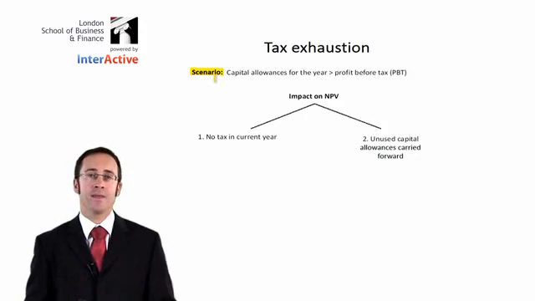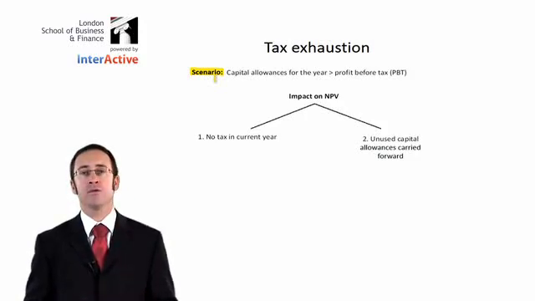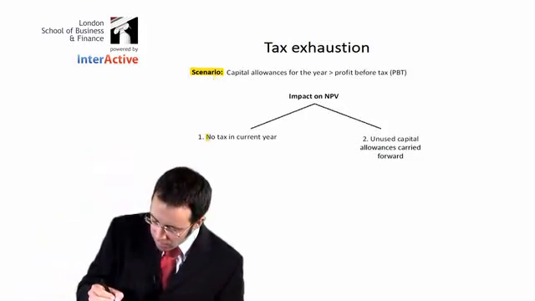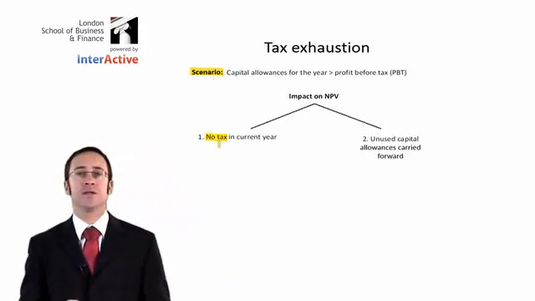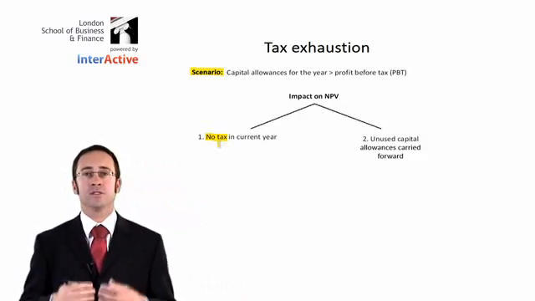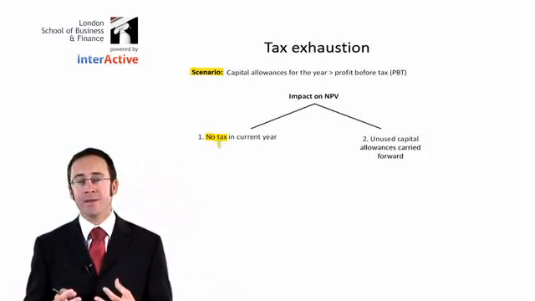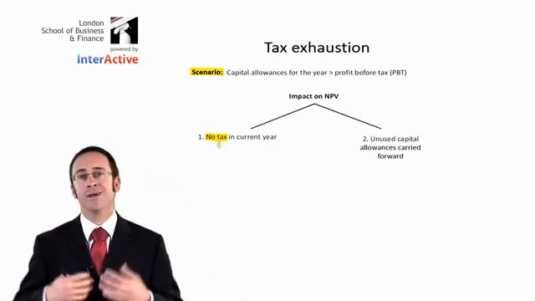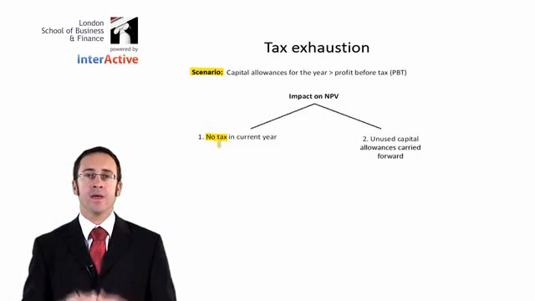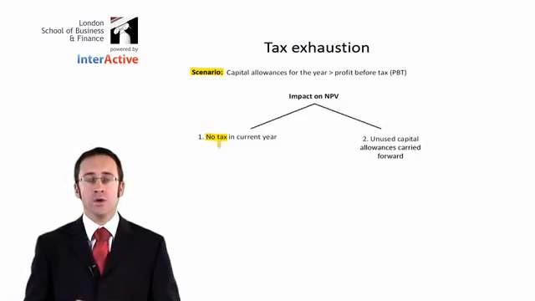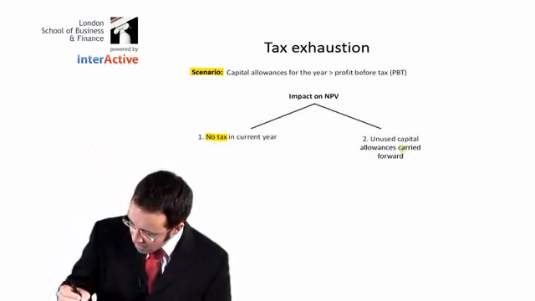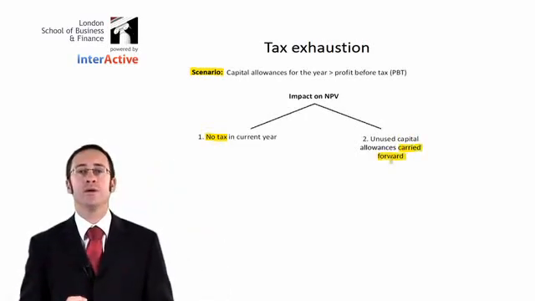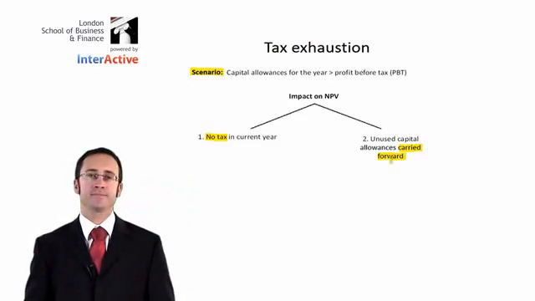If you spot that within the exam, then first of all, there will be no tax in that current year, because the capital allowances that you have claimed are going to reduce your profits chargeable to corporation tax down to zero. If you then have any unused capital allowances, those are carried forward to the next period.